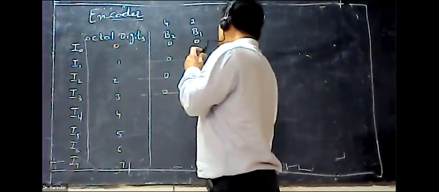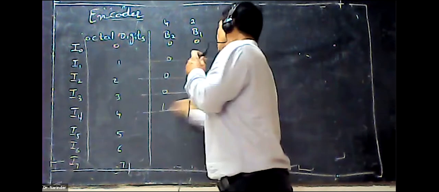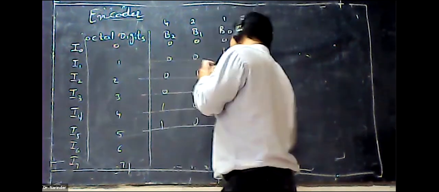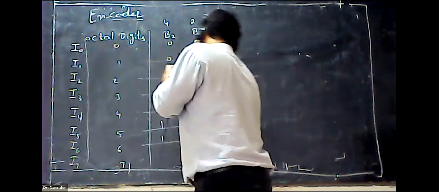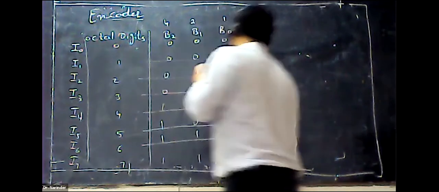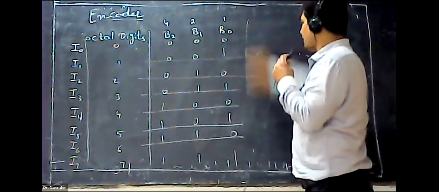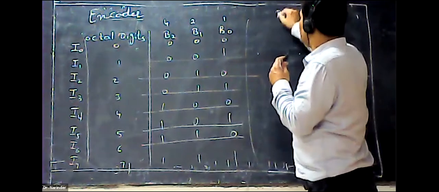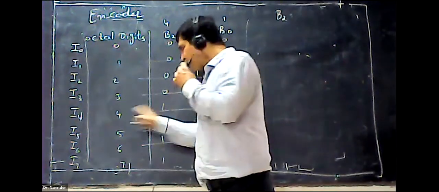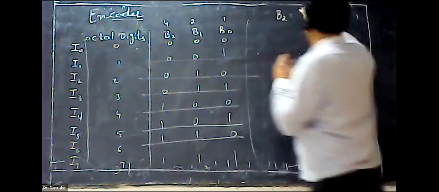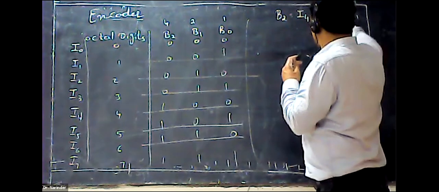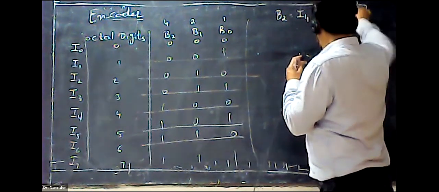3 is a combination of 2 and 1. For 4, under 4 there should be 1. 5 is a combination of 4 and 1. 6 is composed of 4 and 2. 7 is made of all 4, 2, 1. So from here we can conclude that B2 equals I4 plus I5 plus I6 plus I7.